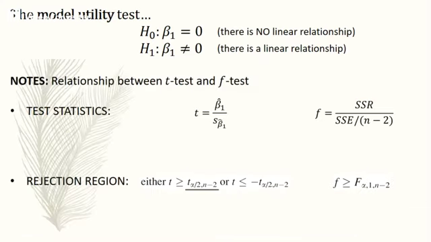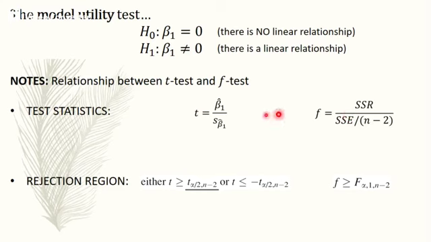So let's just compare the two, your t-test and your f-test. There is a relationship, a very clear one, between the two. So regardless of which way you do this test, you should get the same conclusion for this hypothesis. So let's start off by comparing test statistics, and then we'll look at the rejection region. So remember, our test statistic value, if you're doing the t-test, is going to be this value, and if you're doing the f, it's going to be this value here.